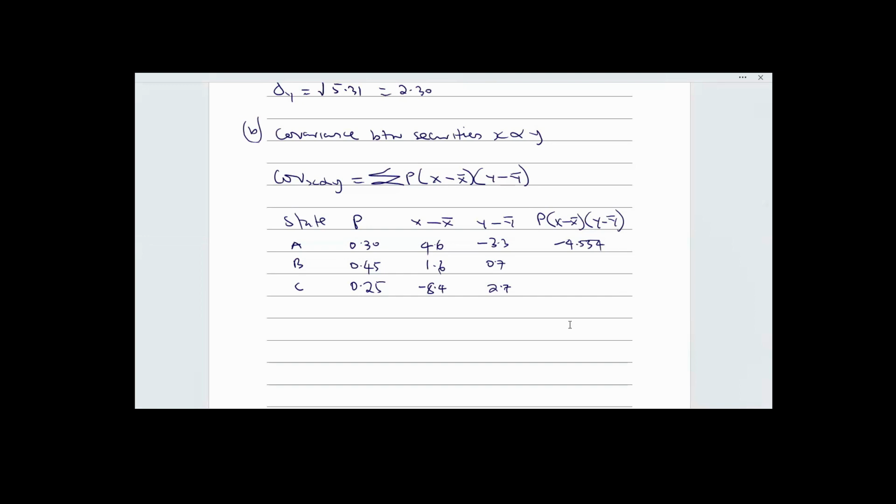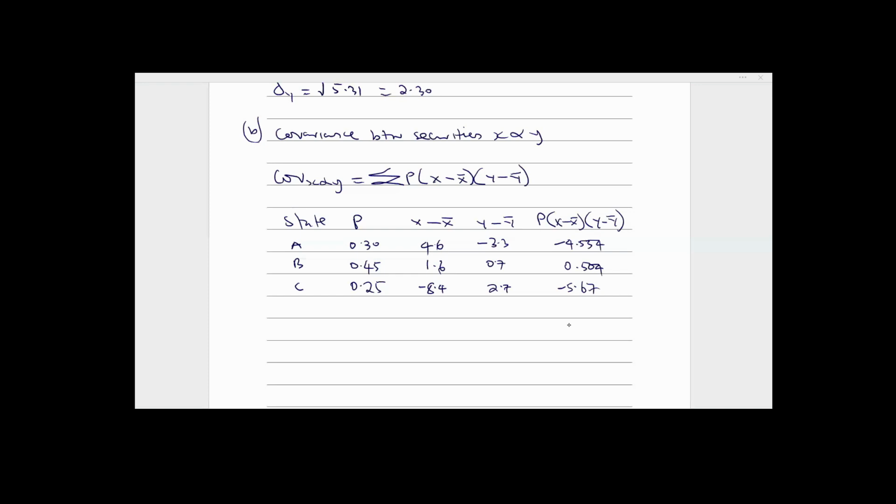Okay, the next one, 0.45 multiplied by 1.6 multiplied by 0.7 equals 0.504. The last one, 0.25 multiplied by minus 8.4 multiplied by 2.7 equals minus 5.67.